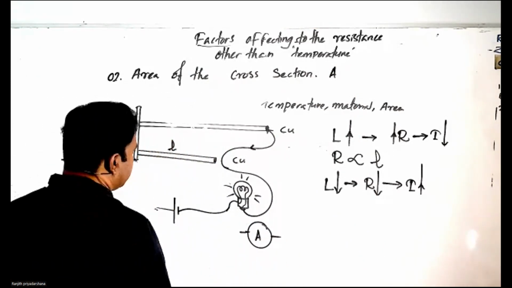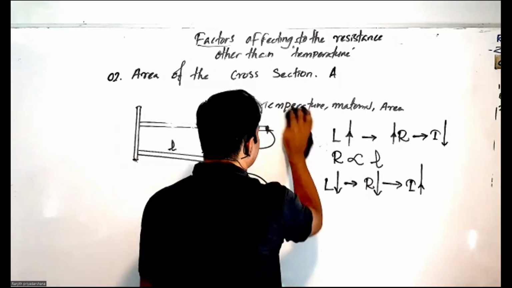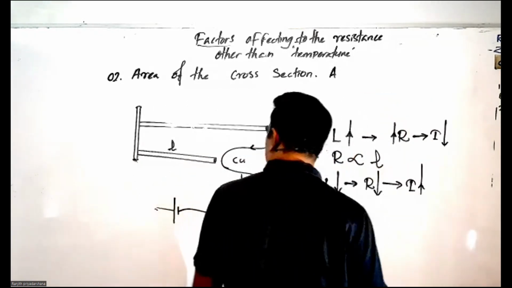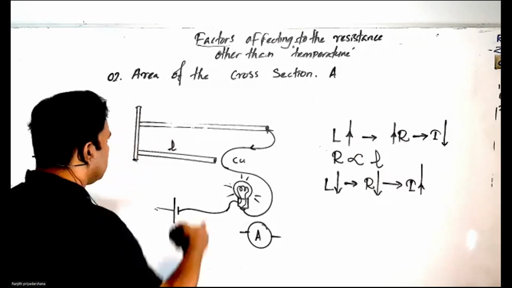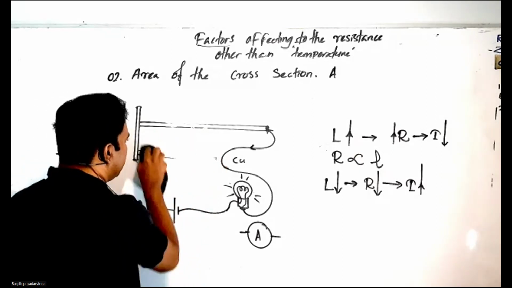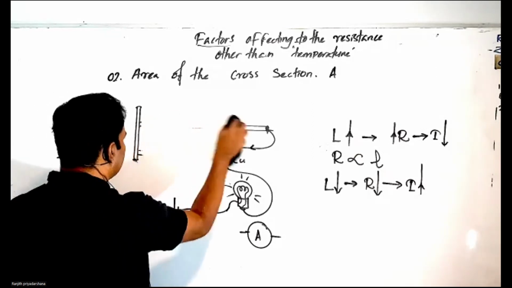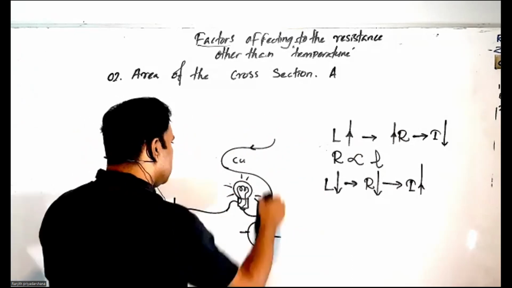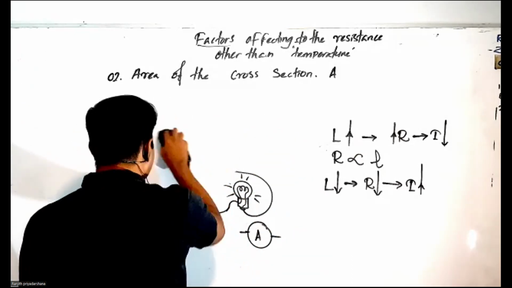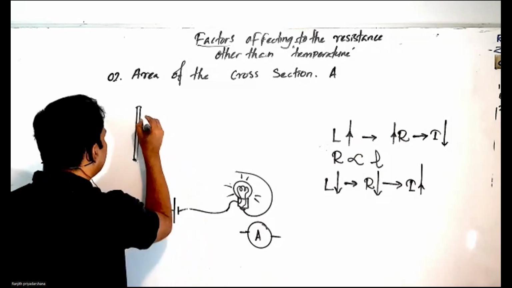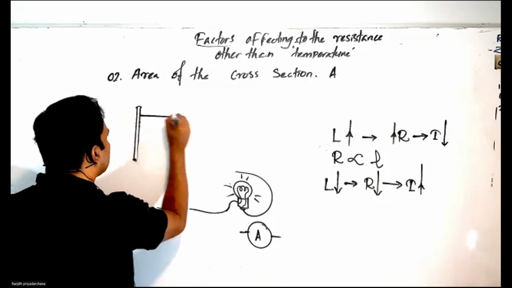Same setup, right? Same setup. But we have to use the same length. අපි වෙනස් කරන්නේ area එක විතරයි. එකක් මහත කම්බියක්, අනික හීනි කම්බියක්. Yes, thin wire and thick wire.